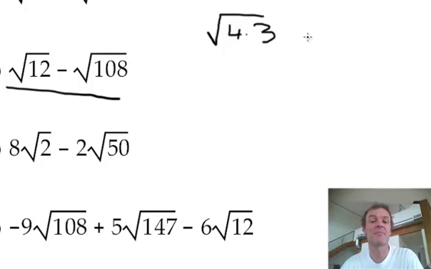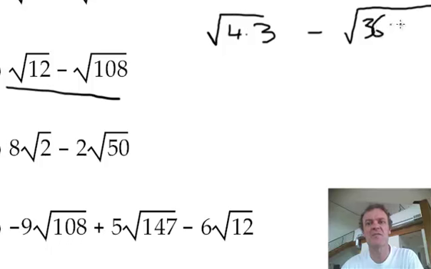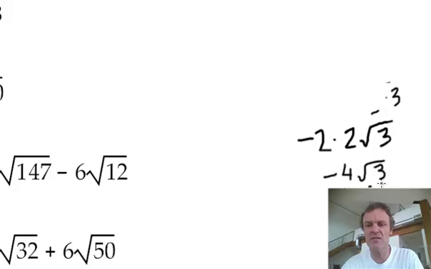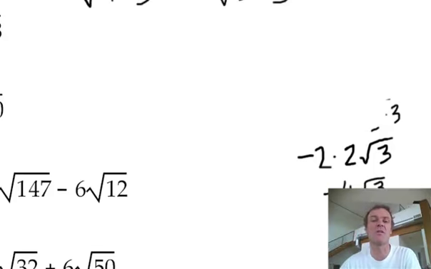Okay, that's 12. Take away 108 isn't 9 times 12, it is. It's also root 36 times 3. Okay? So, that's it. So now the common root is root 3, not root 12, but you can see down here, alright? Okay, I'm going to end up with that, but these were the better numbers to start with.